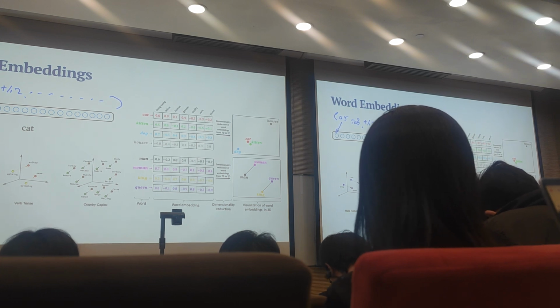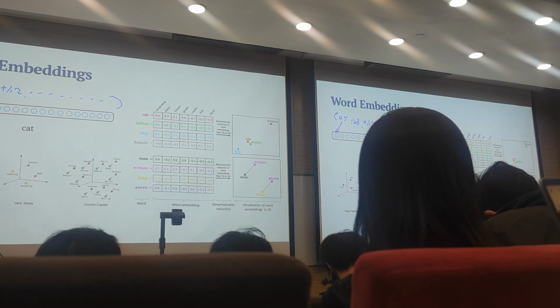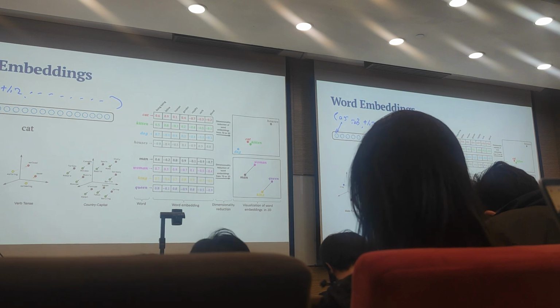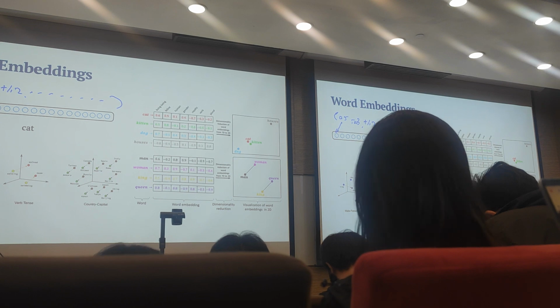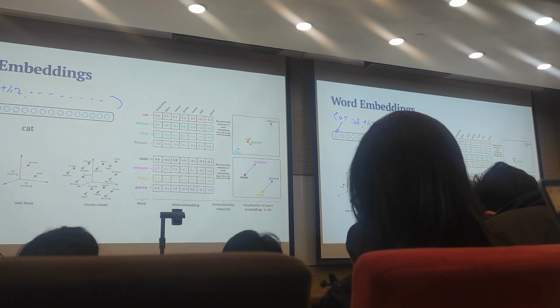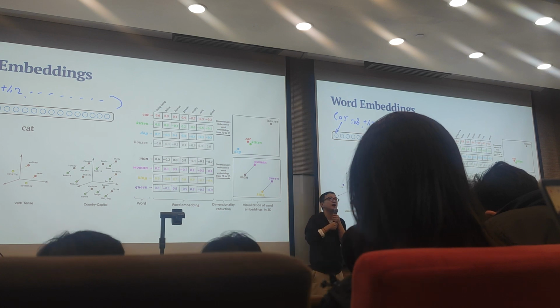So the distance measured in that vector space is a similarity measurement for their semantic similarity, semantic relations. Semantic means the meaning of the sentence. Semantic means meaning. Understand the intuition there?